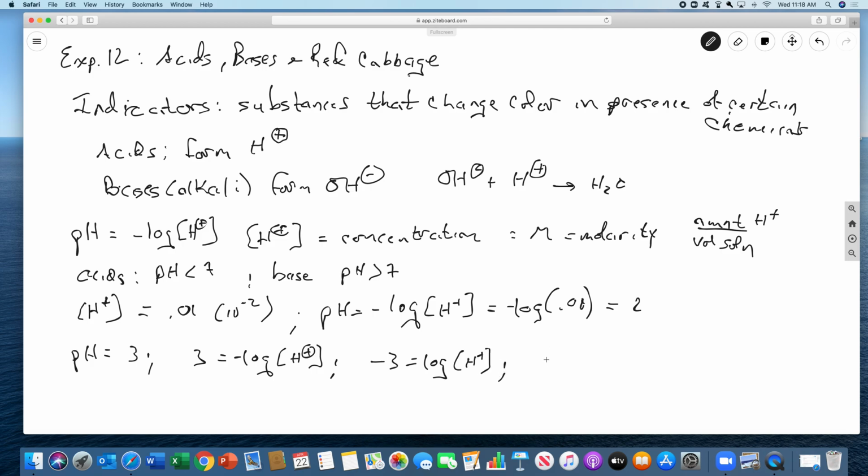And so then the H plus, depending on your calculator, would be the anti-log of, in this case, -3, and this would be 10 to the -3. That was a mistake there. Calculators will either have an anti-log or a 10 to the X key. So on your calculator, you hit the 10 to the X key going backwards, right?